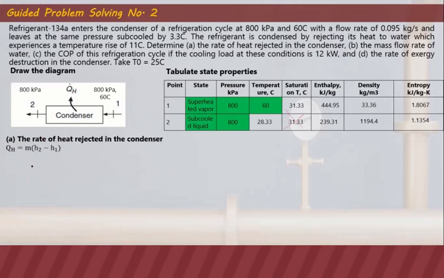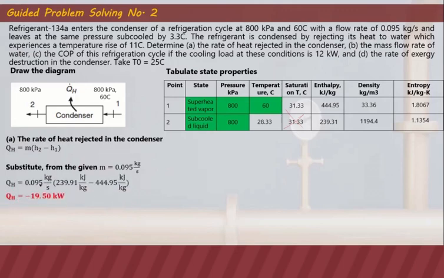So we just multiply the mass flow rate by our value from the table of enthalpies. So we can get the heat rejected in the condenser as negative 19.5 kilowatt. The negative sign means it's rejecting heat to the environment at this rate.